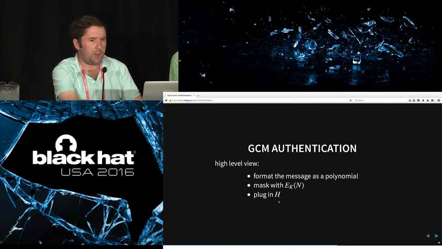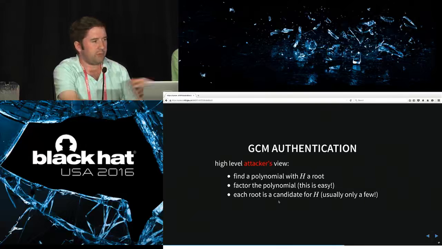We mask the polynomial with a derived value from the nonce. This is basically a product of our encryption key and the per-encryption nonce. The same way we got H by encrypting a block of zeros, we get this mask by encrypting the nonce, essentially. Once we have this polynomial, we plug in H and evaluate it, and the output is our authentication tag. So that's the high-level view of the algorithm.